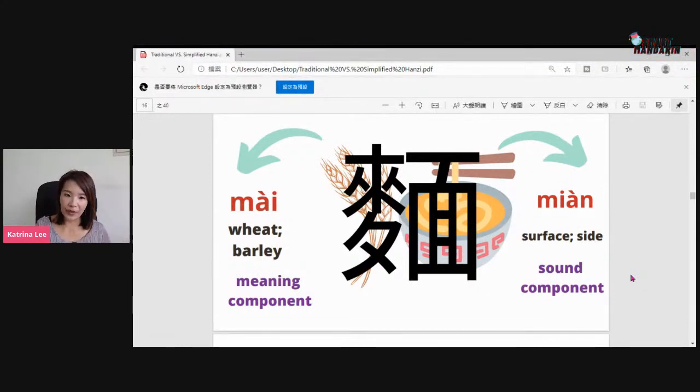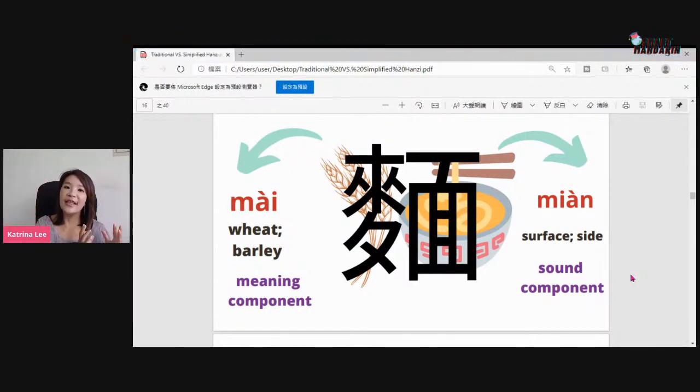The left component is also a character. It's pronounced mai. As you can see from my design, it means wheat and barley. I didn't make this up. This is the origin of this Chinese character.